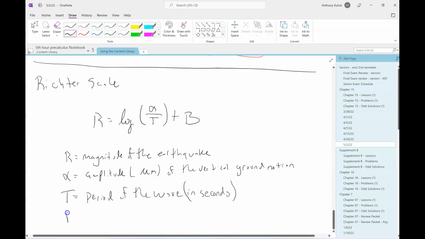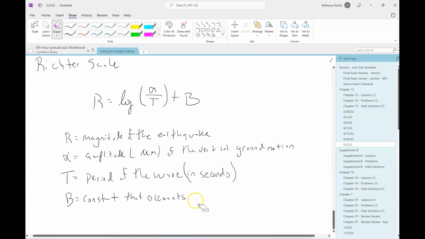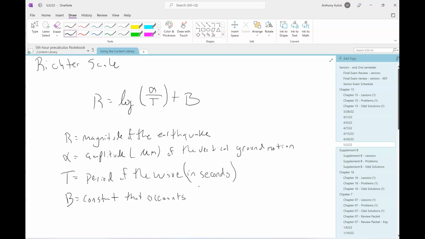And then B is a constant that is basically a correction factor. What do we know about the strength of an earthquake? An earthquake happens at a specific point, right? Do you remember what you call that point, earth science people?